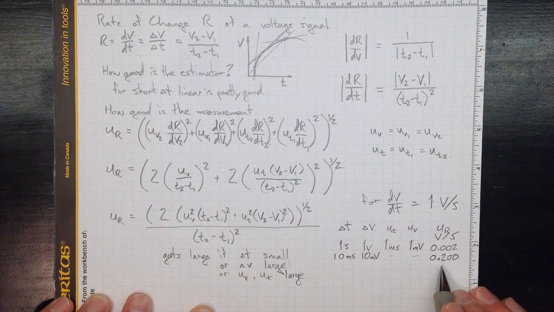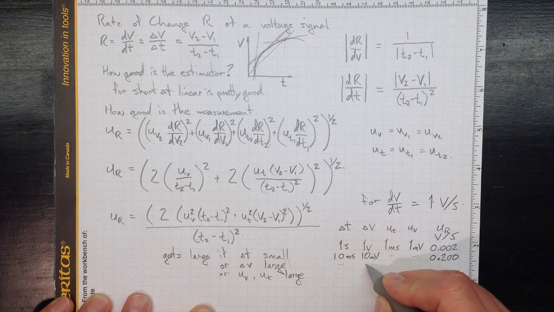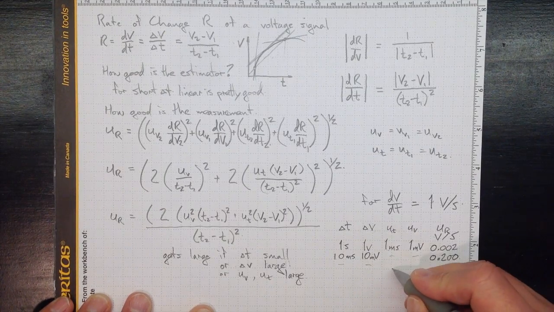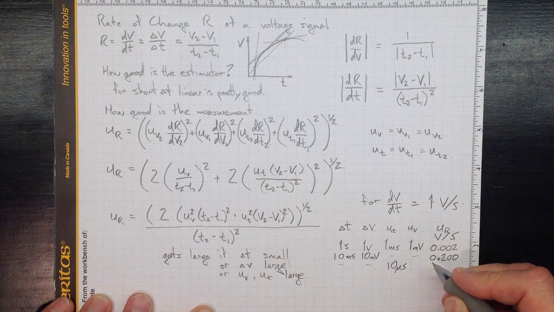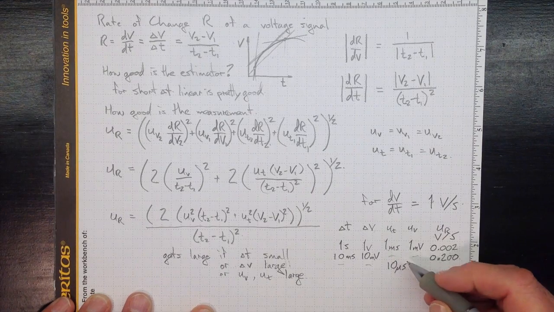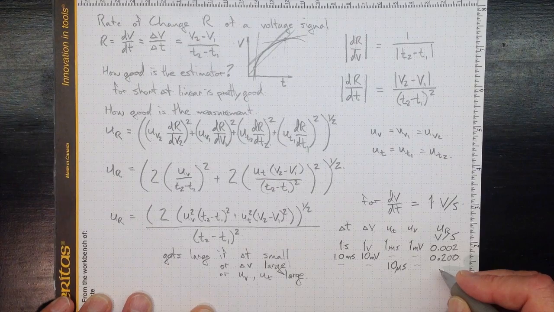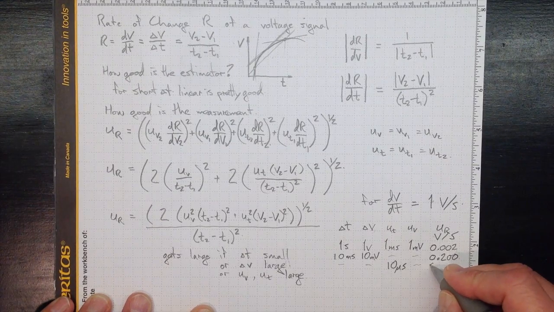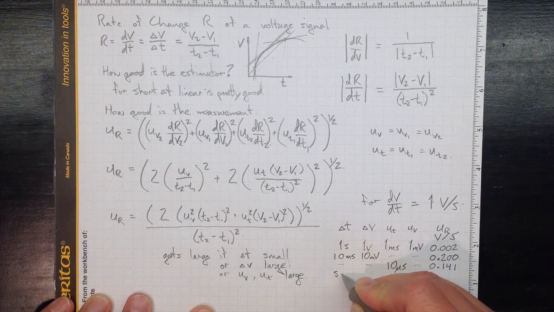We could make this better by improving the time base. Let's stick with our 10 milliseconds and 10 millivolts and make this 10 microseconds of uncertainty in the time. So almost exact. And stick with our 1 millivolt here. That gets us 0.141.